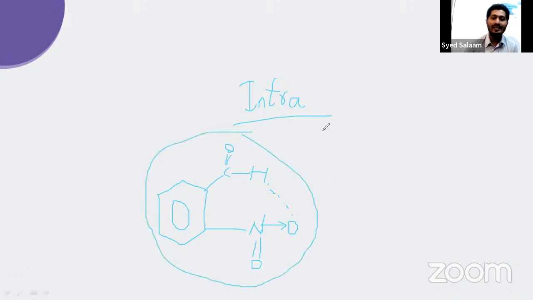So this is called intramolecular hydrogen bonding, where the bonding is happening within the same molecule. There is a dipole-dipole interaction happening in the molecule.